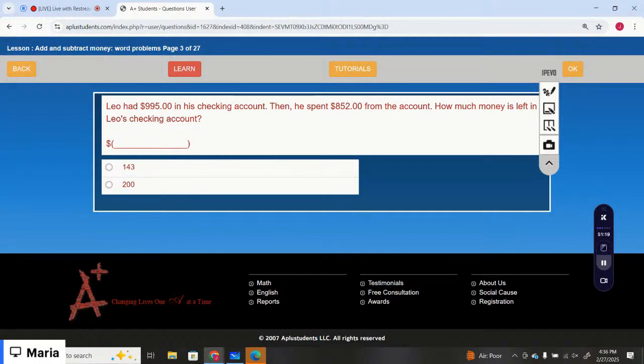Leo had $995 in his checking account. Then he spent $852 from the account. How much money is left in Leo's checking account? So which is the correct option?